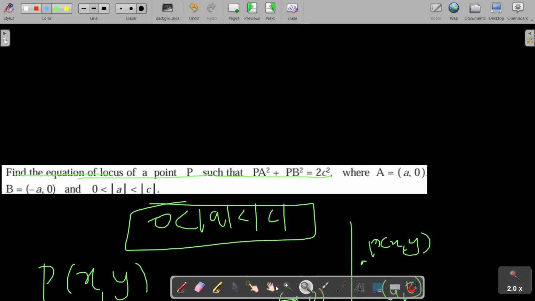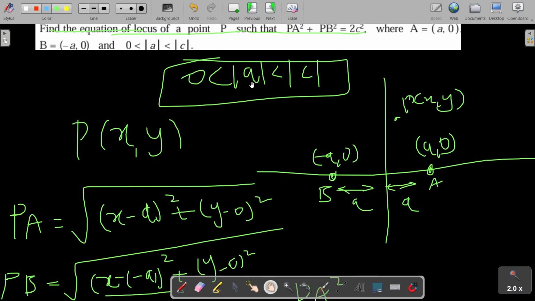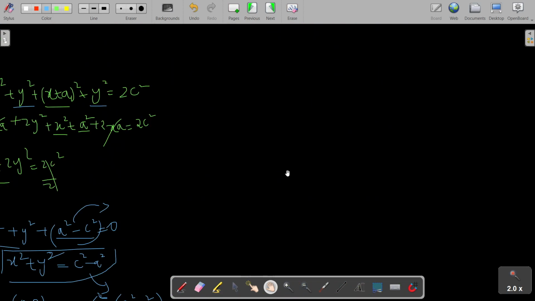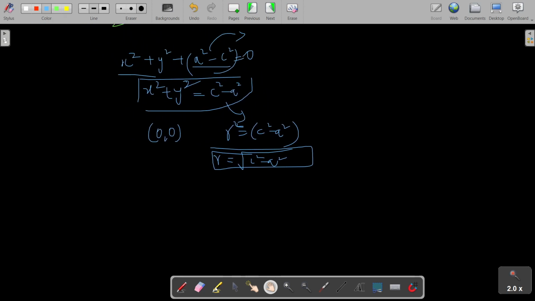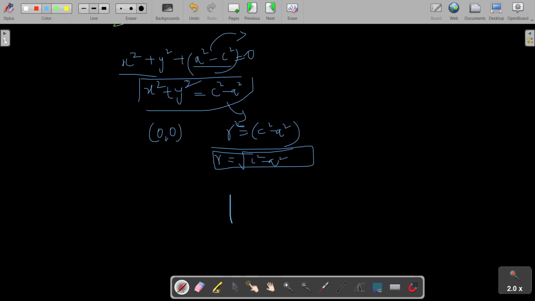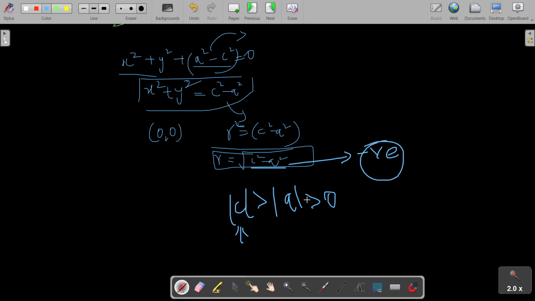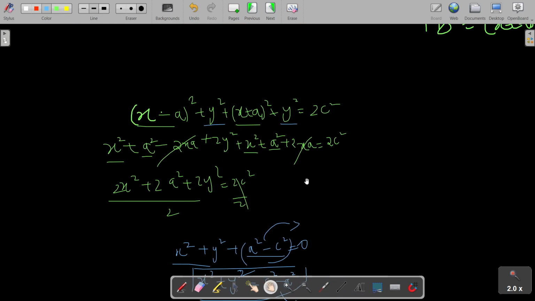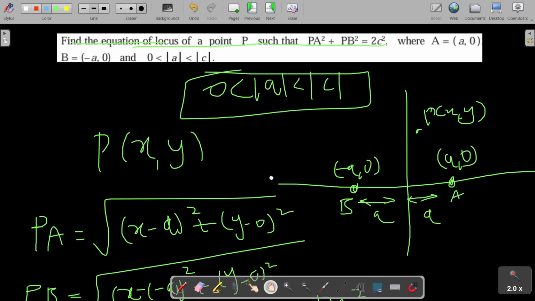So it should satisfy this condition also, because we have a square root. This condition holds true because if c is not greater than a, then this term will be negative, and that is not possible in the real xy plane.